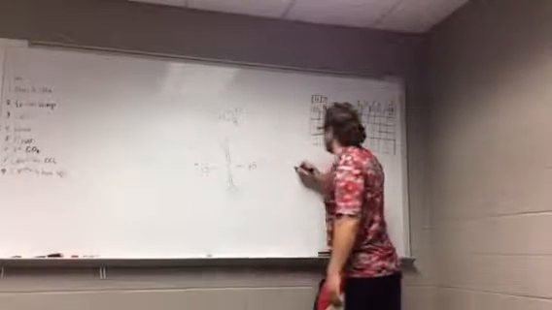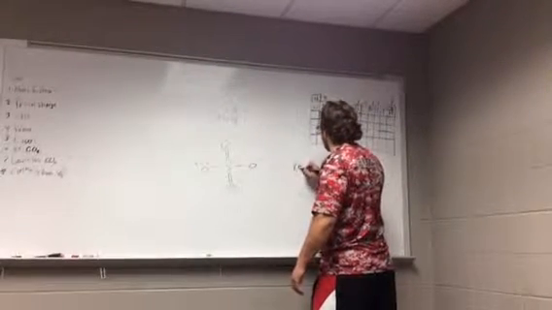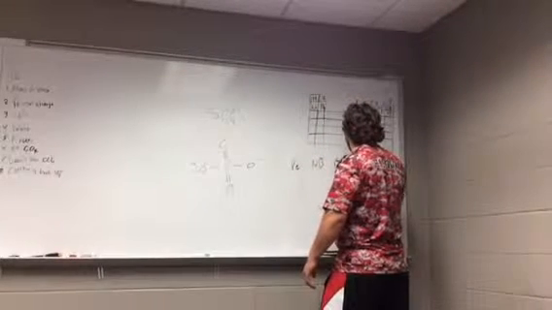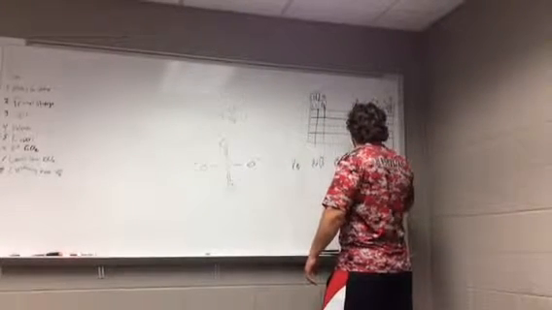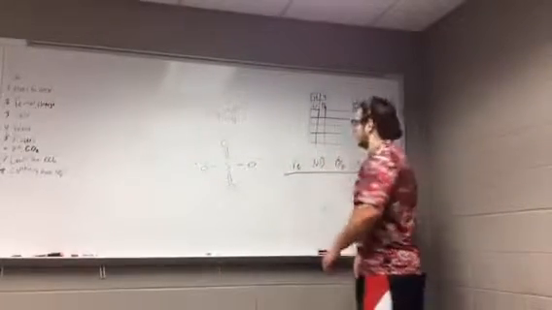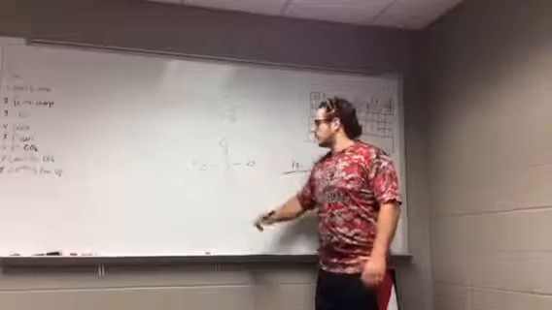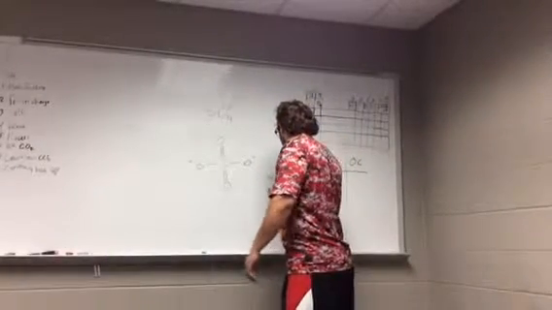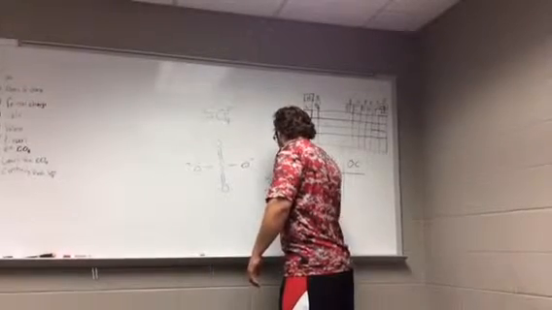Now we're going to find the formal charge for the entire thing. We're going to create that handy little graph again, same as with NO3. We're going to make these two the same and these two the same, and sulfur is all by itself. O1, O2.